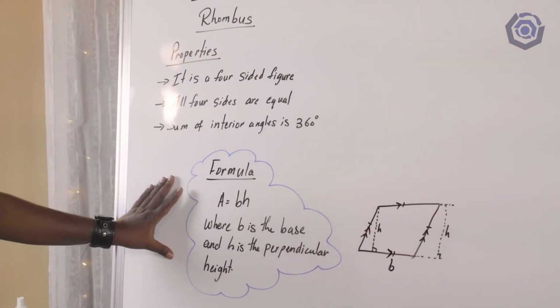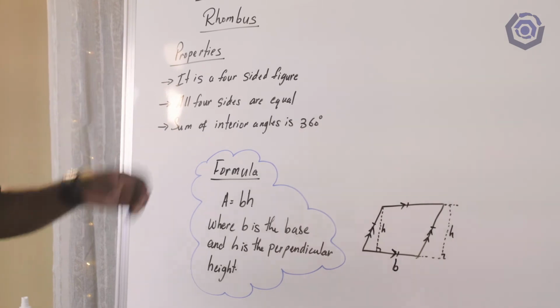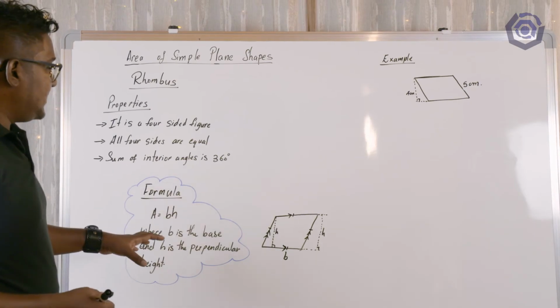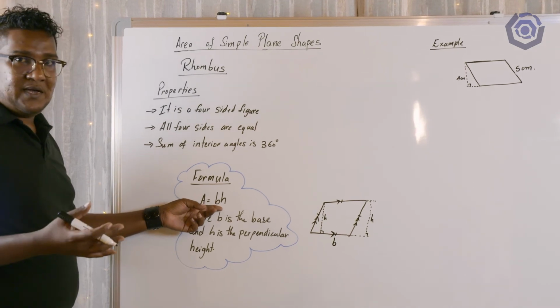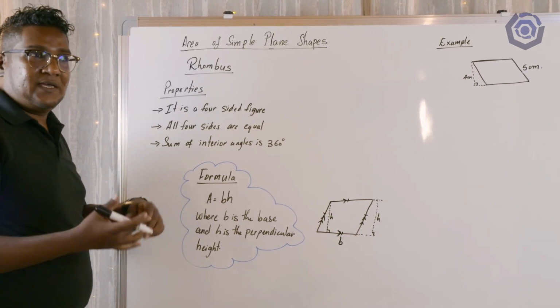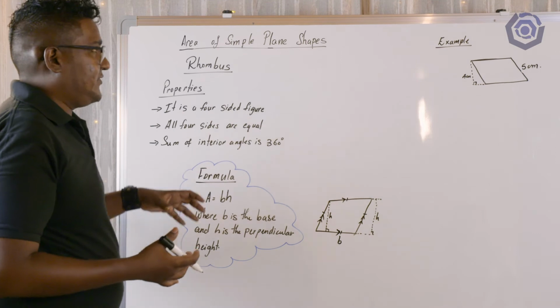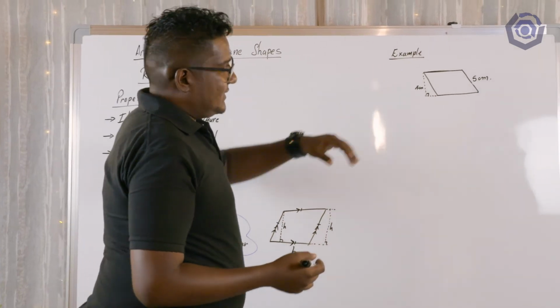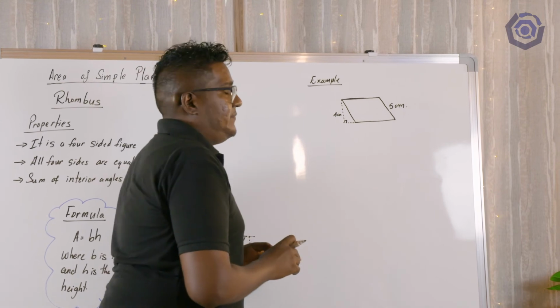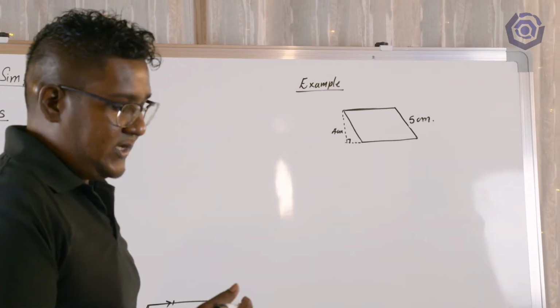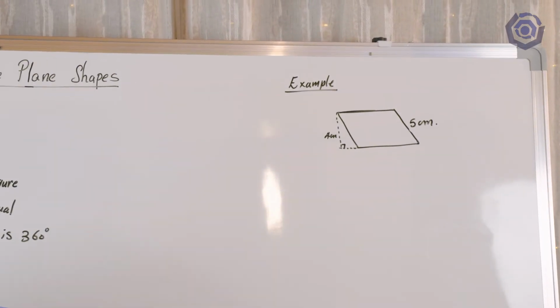Now, this is one of three methods to find the area of a rhombus. So let's look at this one first. And if you notice, A equals BH is the same as the area of a parallelogram, which is A equals BH as well. So this is the first method. In this example here, you're given one side as 5 cm and you have the height given on the outside as 4 cm.